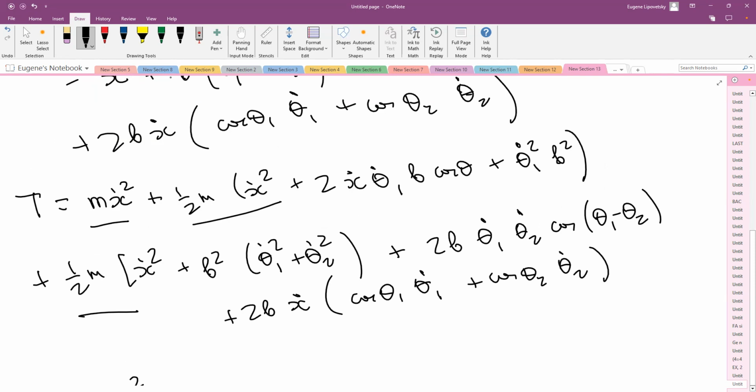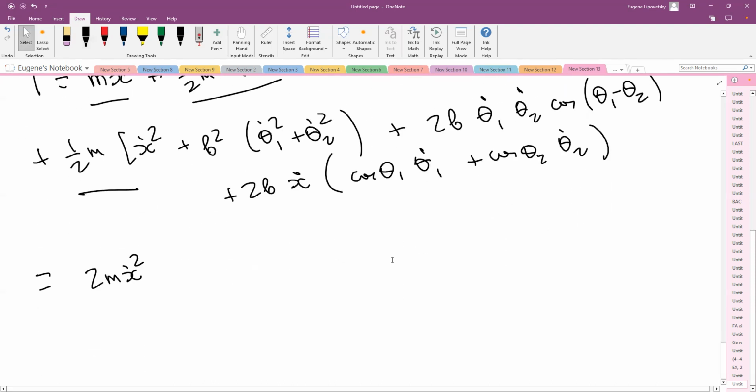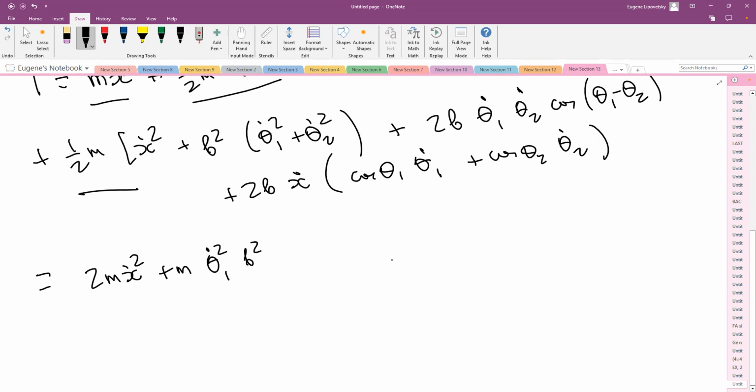So we then have 1/2 m this, and we have this 1/2 m. That's going to be m theta 1 dot squared b squared, right? Plus 1/2 m b squared theta 2 dot squared.